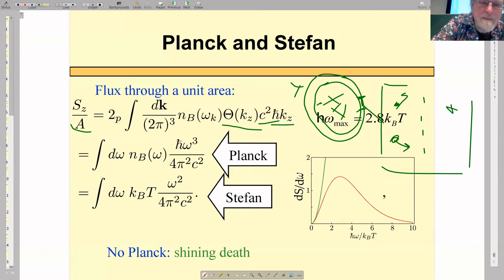So now we can write the flux using the velocity and energy of the photons and the number of photons corresponding to thermal equilibrium, and we have to sum over all photons, and we replace the summation by an integral. Fine. So what did we get?